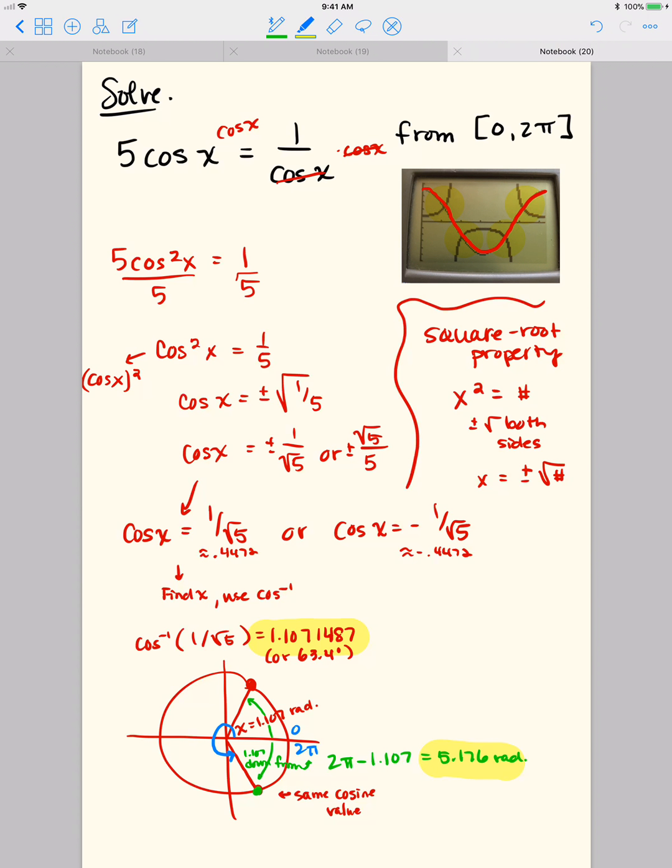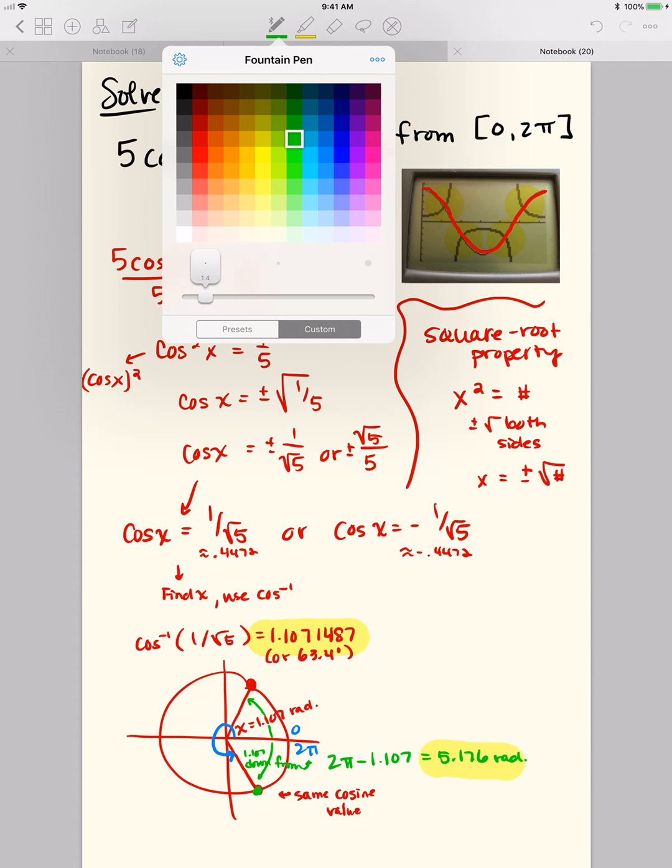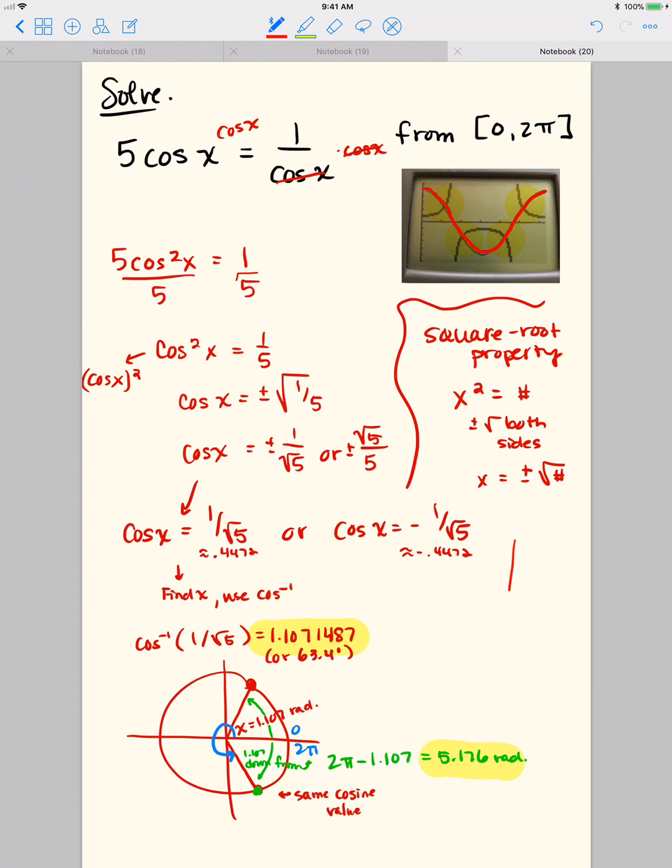Okay. For the other two solutions, or for the other cosine answer, so now we're looking where cosine is negative 1 over square root of 5. So you can do cosine inverse of negative 1 over square root of 5 in radian mode, because it'll give you a different value. It gives me that x is 2.034, which, again, to put you in the mindset of where that lives, it's 116 degrees, 116.56.